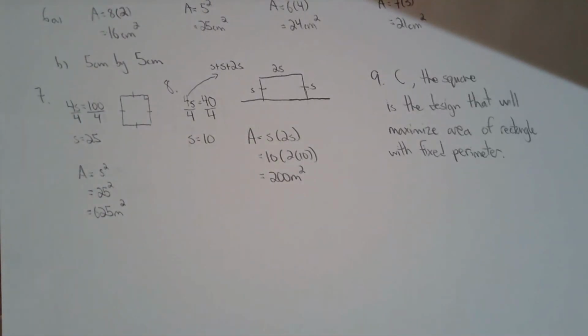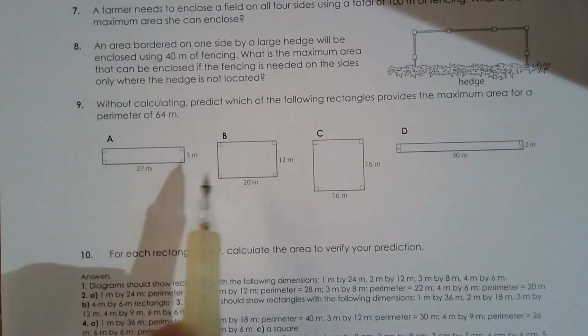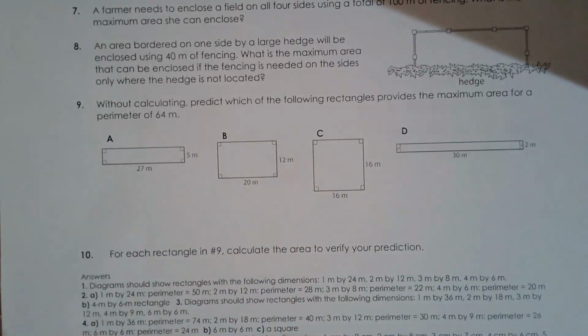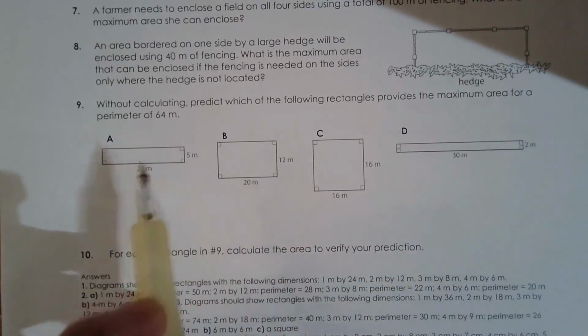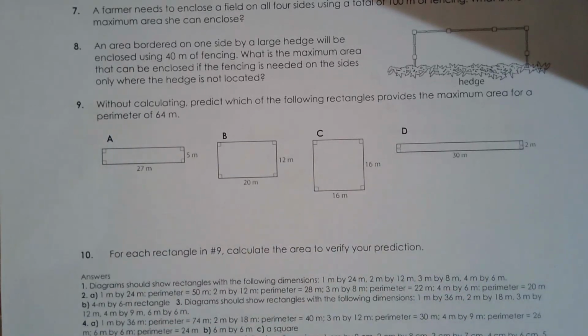And if you look at the 4 rectangles, I'll even show you. The one that is a perfect square is C. So without doing any math, without calculating the area of rectangles A, B, C, and D, we know rectangle C will give me the largest possible area.